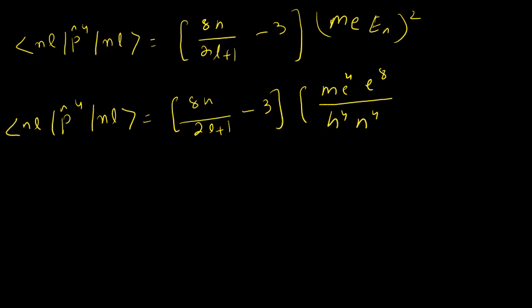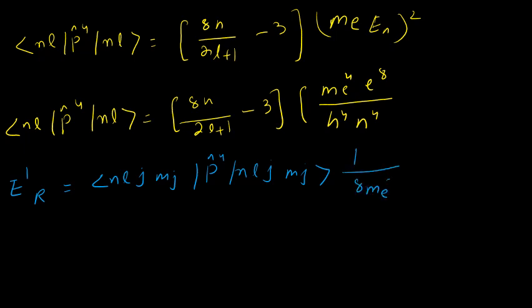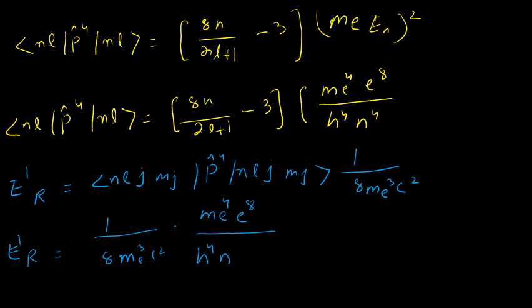It will be E1r equal to <nlj mj|p^4|nlj mj> into minus 1 over 8 me cubed c squared. Putting in the value of p^4, E1r is equal to minus 1 over 8 me cubed c squared multiplied by me^4 e^8 divided by h bar^4 n^4 into (8n divided by (2l plus 1) minus 3).